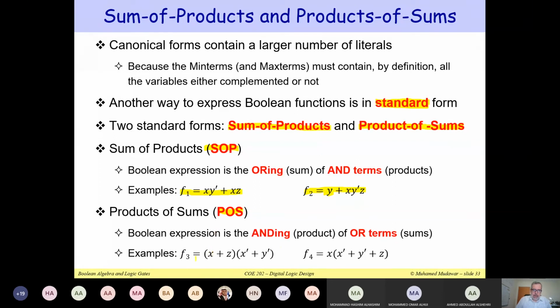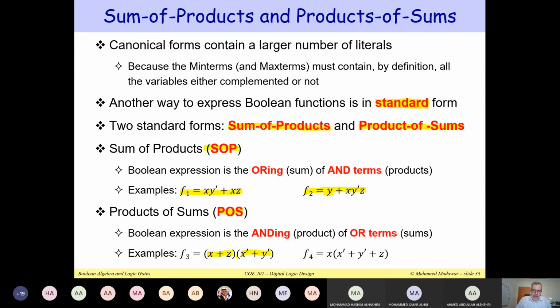For example, you can write another function, f3. It's x or z, and x prime or y prime. Now we are ANDing OR terms. My terms here are OR terms, and this is the AND of OR terms.